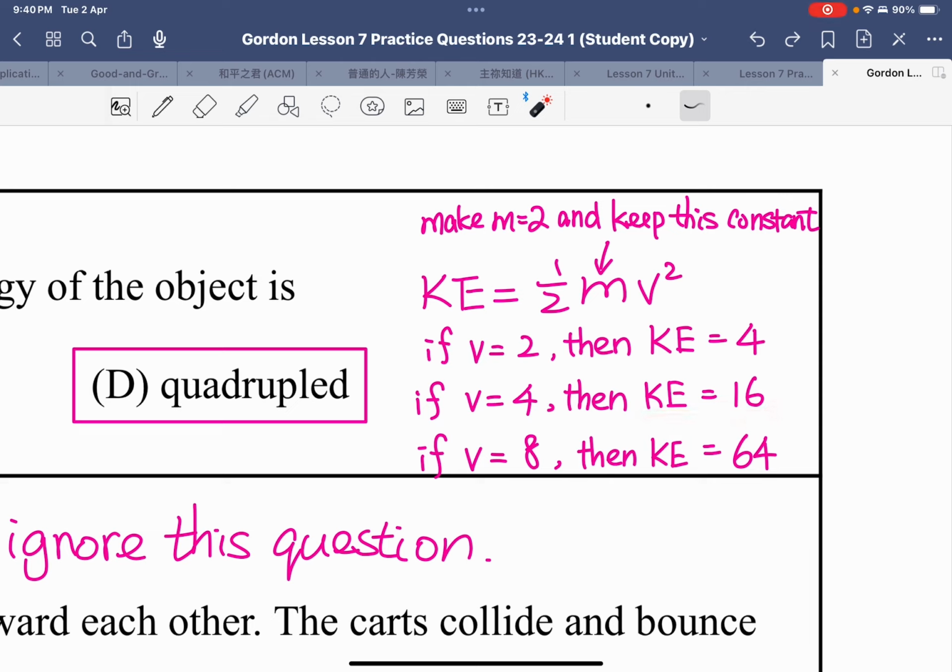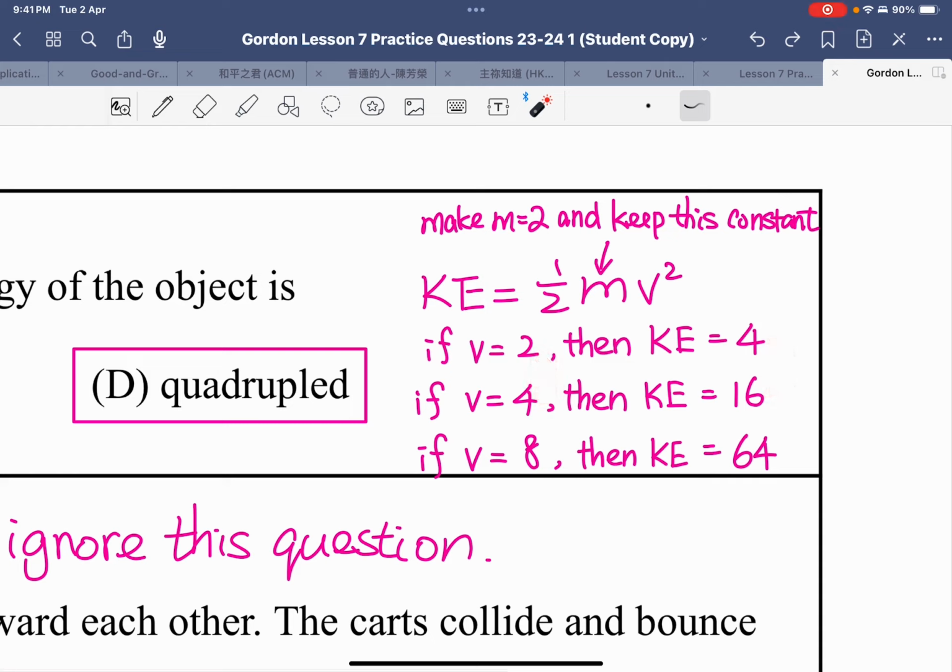And then I doubled this number once again and say, instead of using 4, I'm going to have 8 for velocity and maintain M as just 2, just like before. And then kinetic energy becomes 64. And so you can see if I double velocity, I have actually quadrupled my kinetic energy.